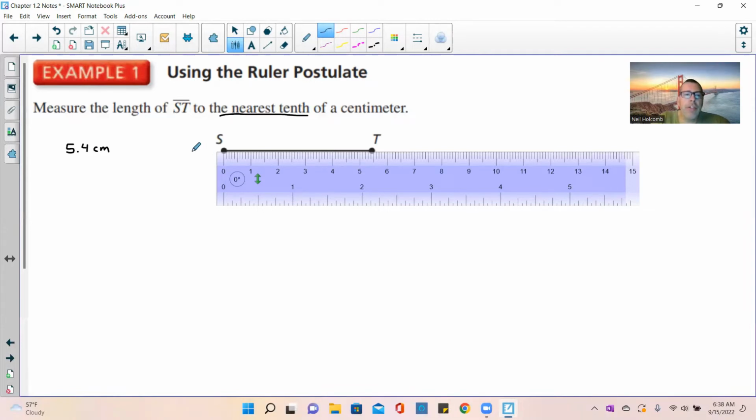Anyway, 5.4 centimeters is the length of ST. I would write that with absolute value brackets: ST equals 5.4 centimeters. That just means the length of ST equals 5.4 centimeters.